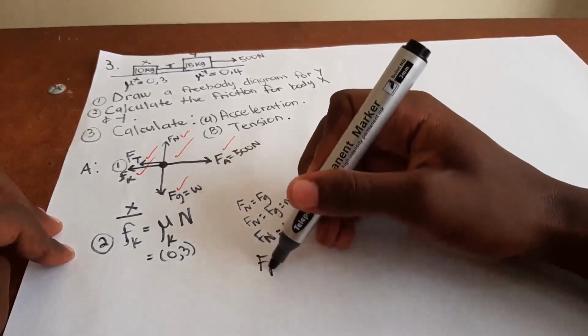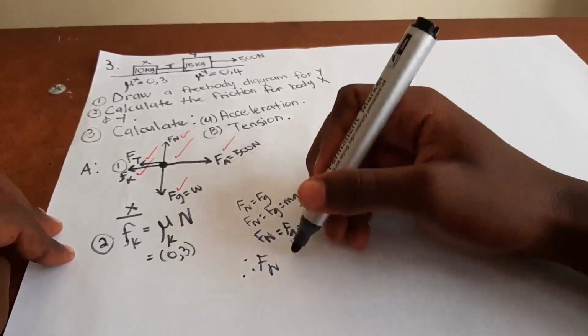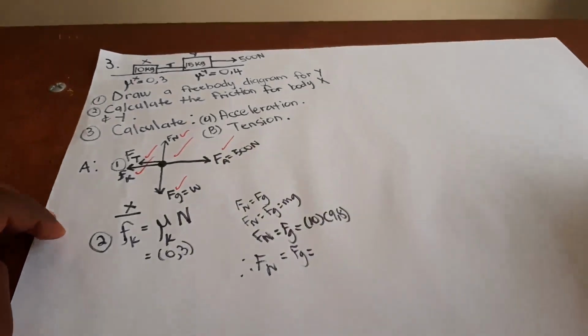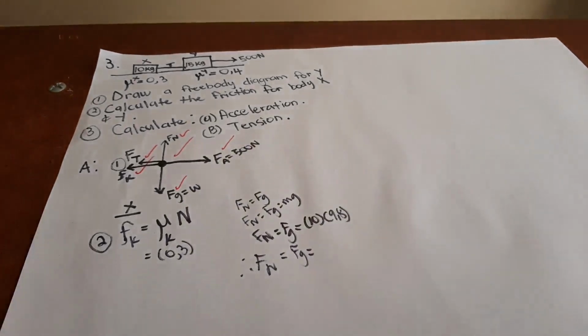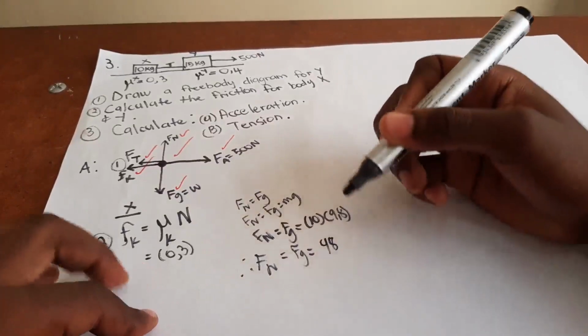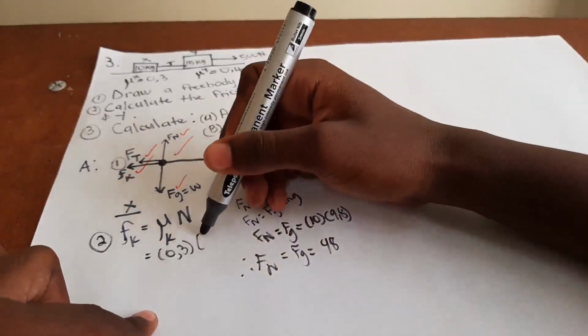Let's go into our calculators. 10 multiplied by 9.8 equals 98. So our normal force is 98.